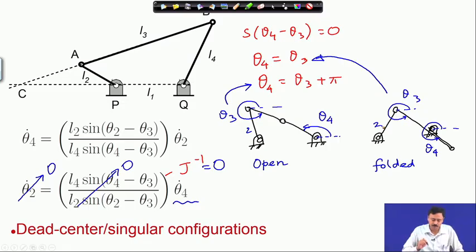and these are also singular configurations for the reason that you now realize that these are the singularities of the Jacobian. So, singular configurations always imply that these are the singularities of the Jacobian or its inverse.